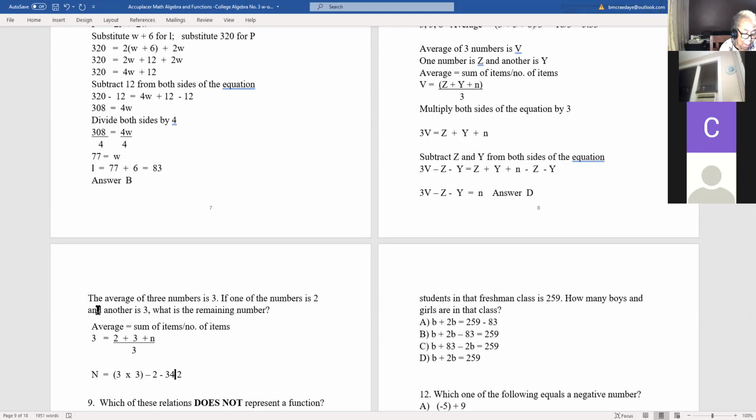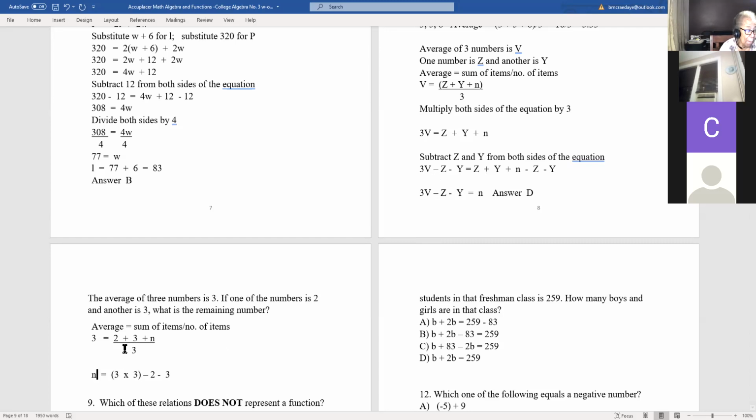So with the numbers, you can see it's coming out just like when you had the letters, right? So it would be 3 times 3 minus 2 minus 3. So we had 3 times v minus z minus y. Okay, it's the small n.